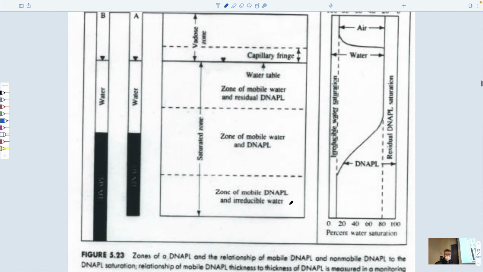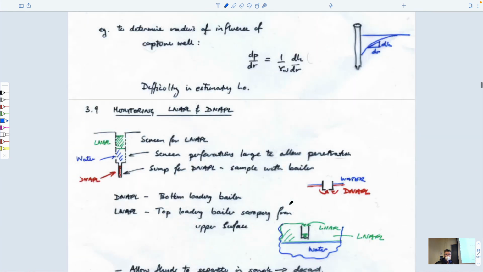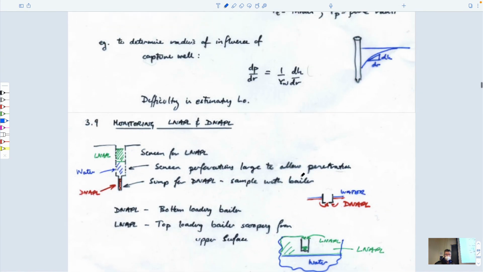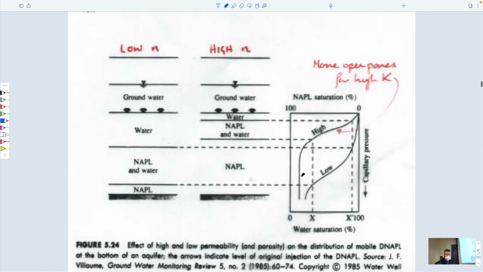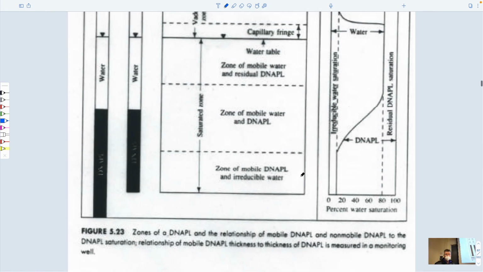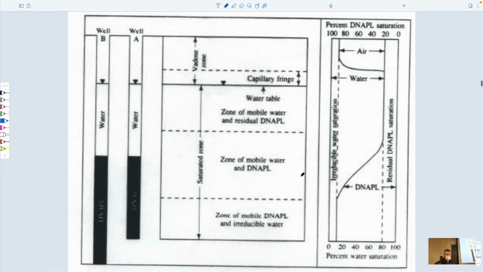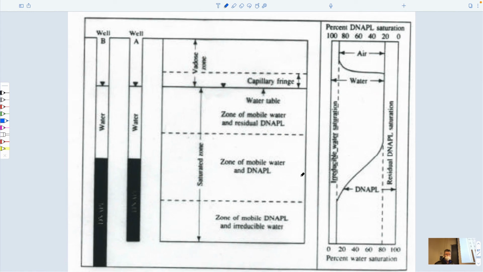DNAPLs are the same, and perhaps we look at these two figures and talk about the ramifications. So three more points. One is that in the same way as we looked at the behavior of LNAPLs, we could look at the behavior of DNAPLs. But we know that DNAPLs, being denser than water, aren't buoyed up by the presence of the water table. And so anything that shoots down onto the water table will just keep on going.